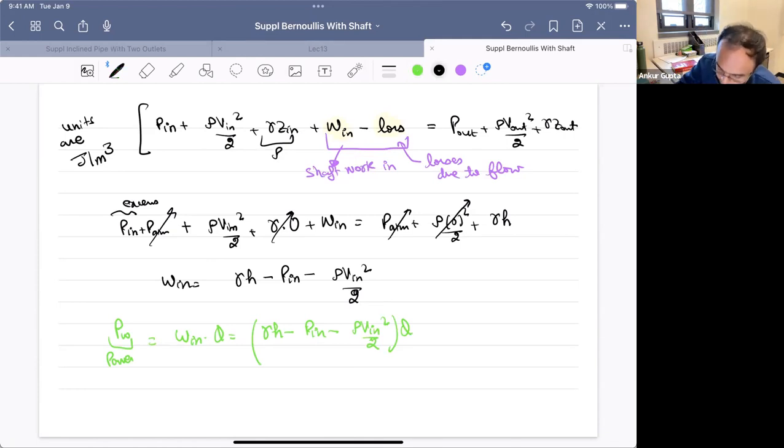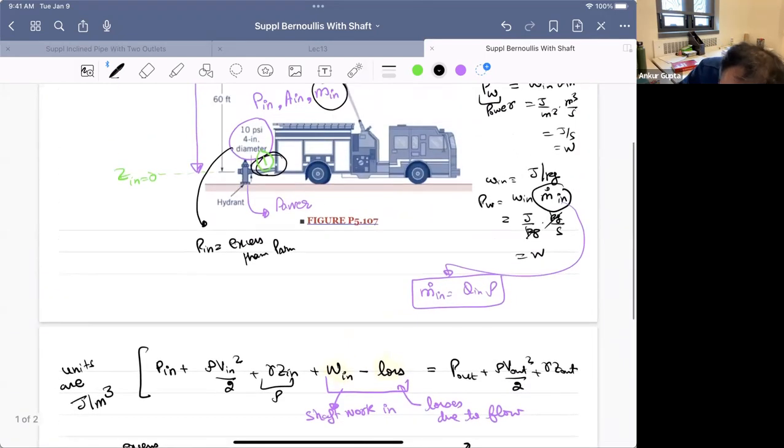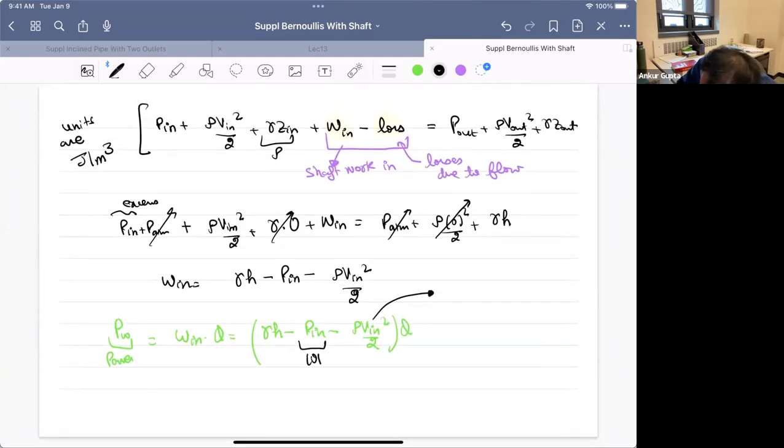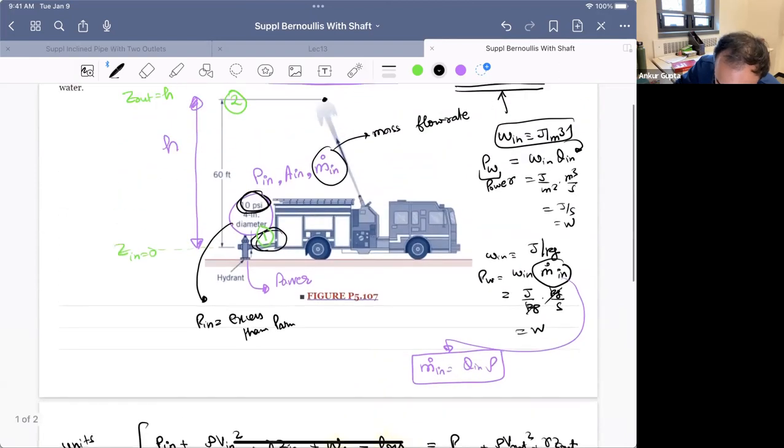But just to go a little bit further, note that here P in has been given to us as 4 psi, I believe. So 10 psi, sorry. So 10 psi. In this specific weight, you will have to find for, in whatever units, maybe just convert everything to SI. Height is 60 feet, right?